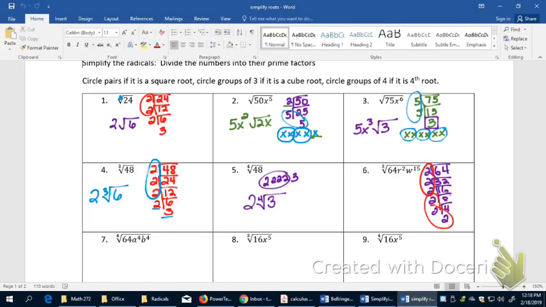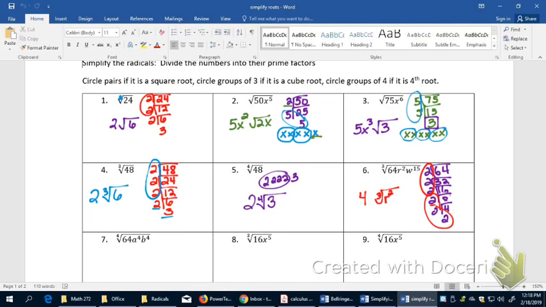So what number goes on the outside? 4, right? No numbers on the inside because there's no numbers left over. Now, the r squared is going to go on the inside because that's 2 r's and there's not 3 r's to circle. So I don't even have to write out the r's to figure that out.